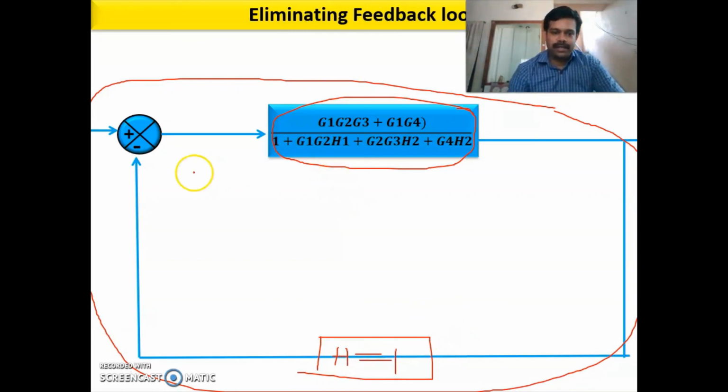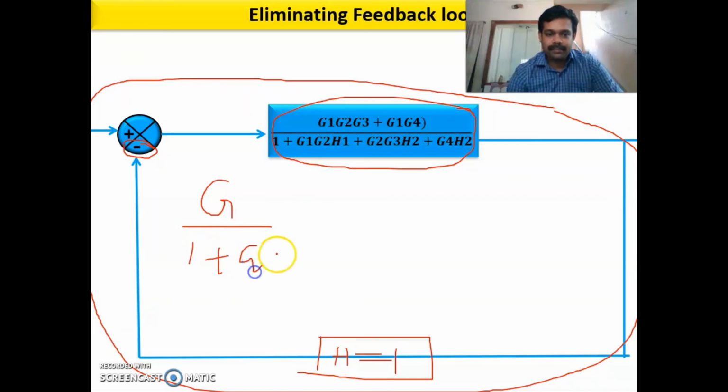This is also a negative feedback, so you'll be getting G divided by 1 plus GH. Here also, in the place of G you have to substitute this G1, G2, G3 plus G1, G4 divided by 1 plus G1, G2, H1 plus G2, G3, H2 plus G4, H2.